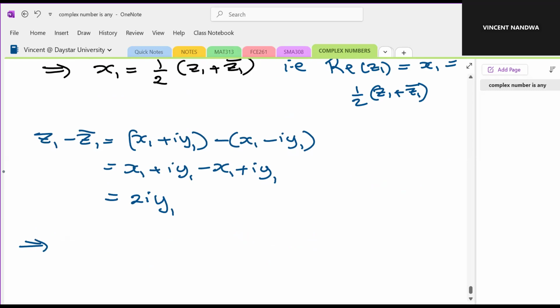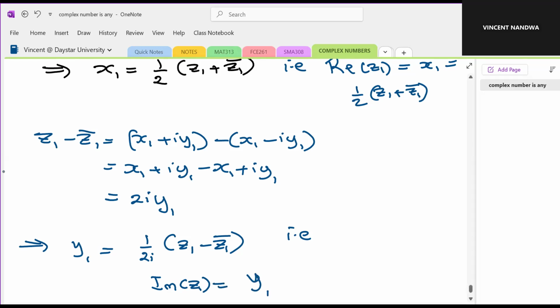So when I make y1 the subject, I get 1 over 2i into Z1 minus Z1 conjugate. That is, the imaginary part of Z1, y1, is the same as 1 over 2i into Z1 minus conjugate of Z1.